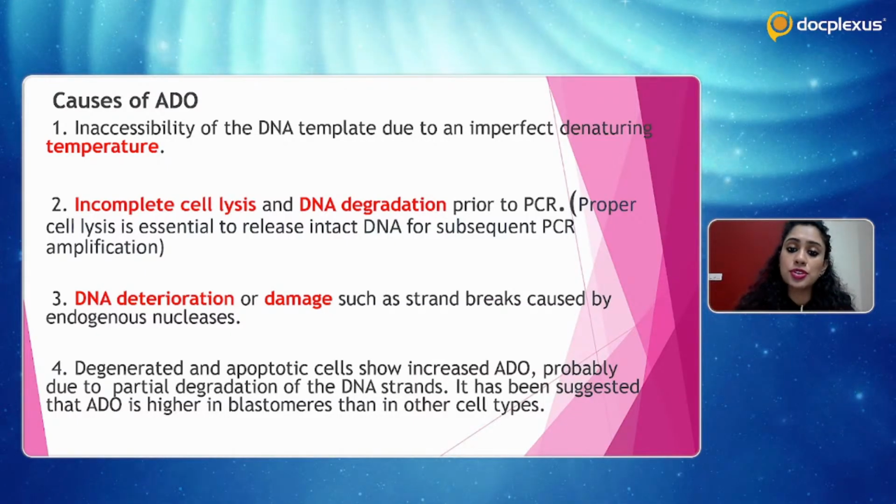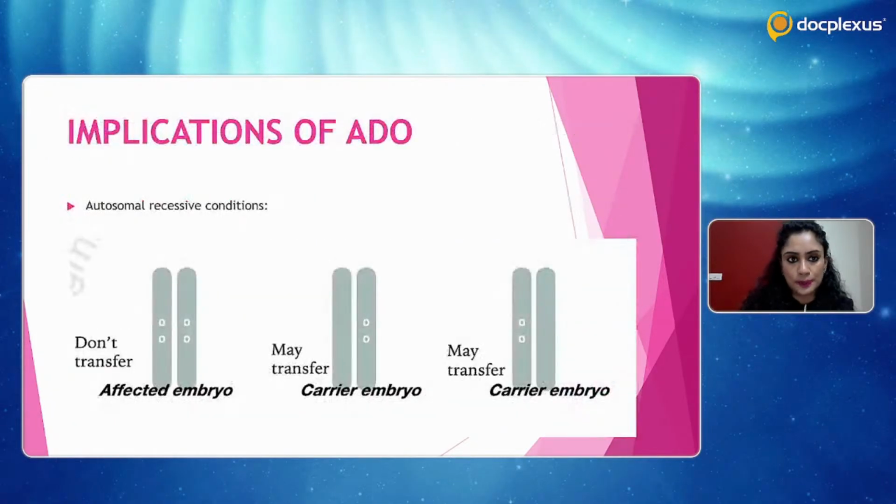DNA deterioration or damage such as strand breaks caused by endogenous nucleases can also be one of the causes. And degenerated and apoptotic cells show increased allele dropout, probably due to partial degradation of the DNA strands. It has been suggested that this is higher in blastomeres than in the other cell types.